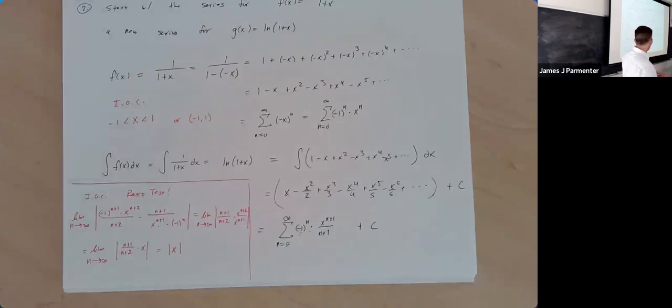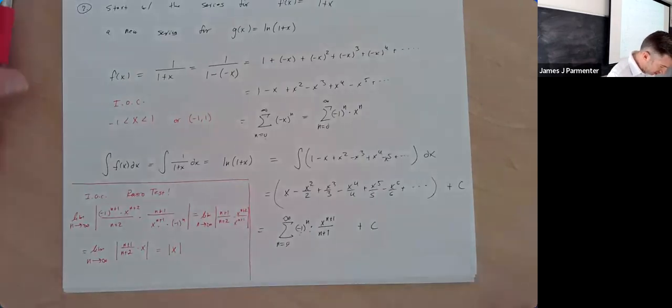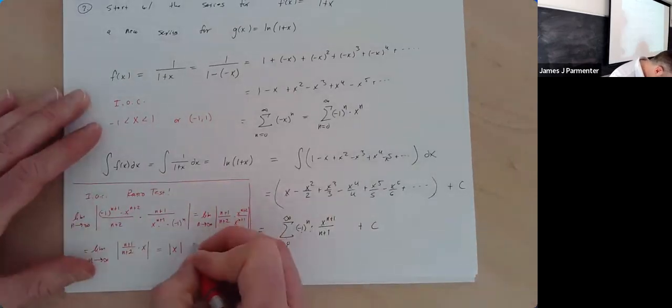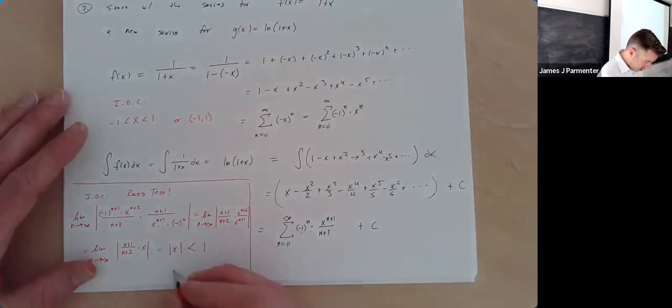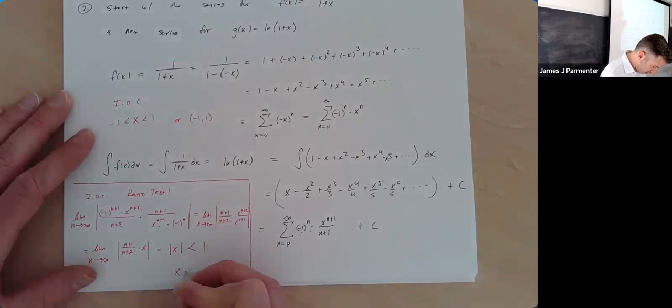So the limit here is the absolute value of x, and for this series to converge, that absolute value of x has to be less than 1. That's the whole idea when you're trying to find the interval of convergence and also the radius of convergence for a series. You're taking the limit of the power series using the ratio test and eventually getting some condition about the values that x is allowed to be. So here we get x between 1 and -1.